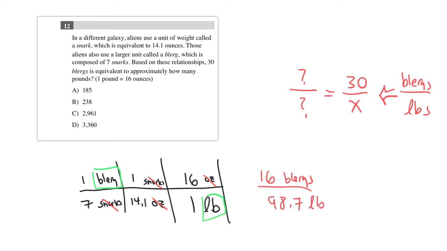So what we've accomplished here is we've discovered a relationship between blurgs and pounds. For every 16 blurgs, there are 98.7 pounds, and that is most definitely the numbers we could put here. We could have 16 up top and 98.7 down below. So I'm going to try it.